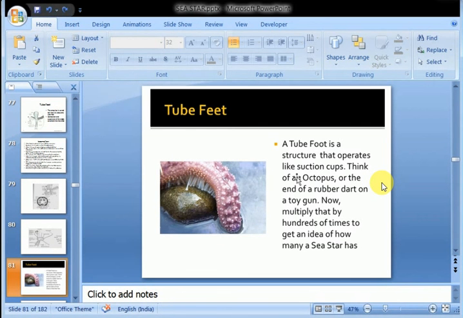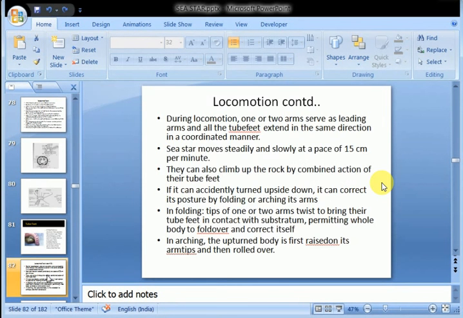So it's a structure that operates like suction cups. Think of an octopus or the end of a rubber dart on a toy gun, and now multiply that several hundred times to get an idea of how many a sea star has. So this is how locomotion is brought about. During locomotion, one or two arms serve as leading arms, and all the tube feet extend in the same direction in a coordinated manner.